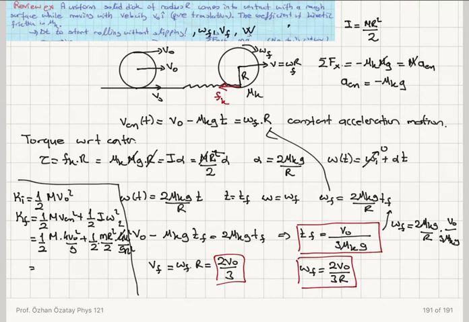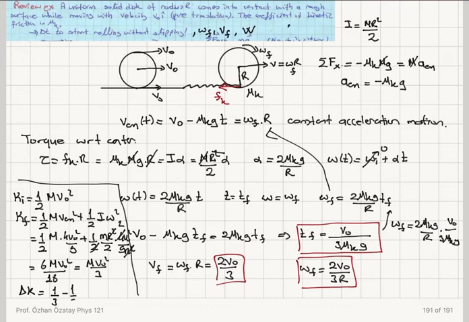So the final kinetic energy is, let's get rid of one of the 2's here, 4 m v0 squared, the r squareds cancel, plus 2 m v0 squared, 6 m v0 squared divided by 18, so it's m v0 squared over 3.